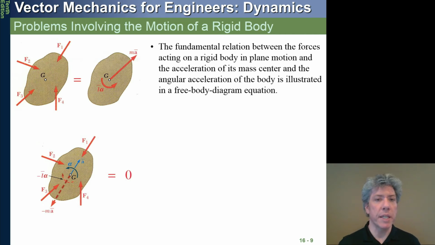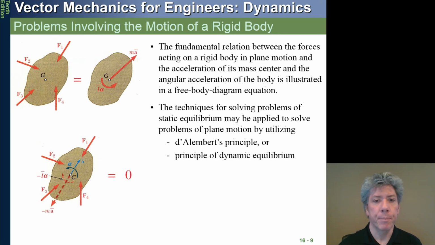So we can pretend like this is statics and say the sum of all the forces plus the dynamic forces basically equals 0. So you'll notice that negative I alpha that's in a dotted angled red arrow and the dotted red negative mass times acceleration, those are just reversed in direction and applied to the body as if they were actual forces acting on the body.